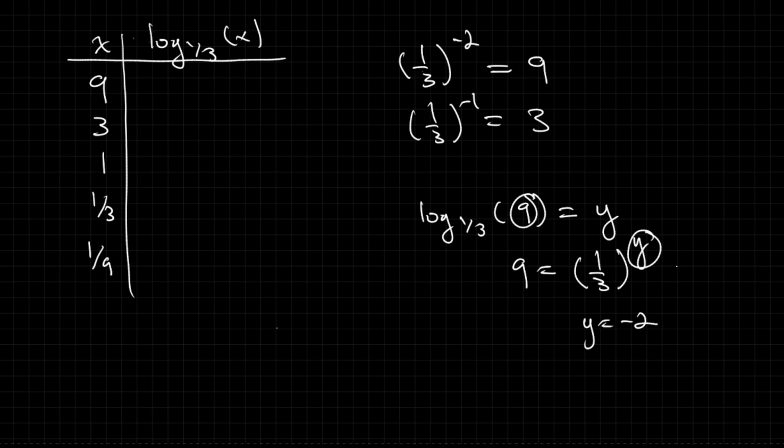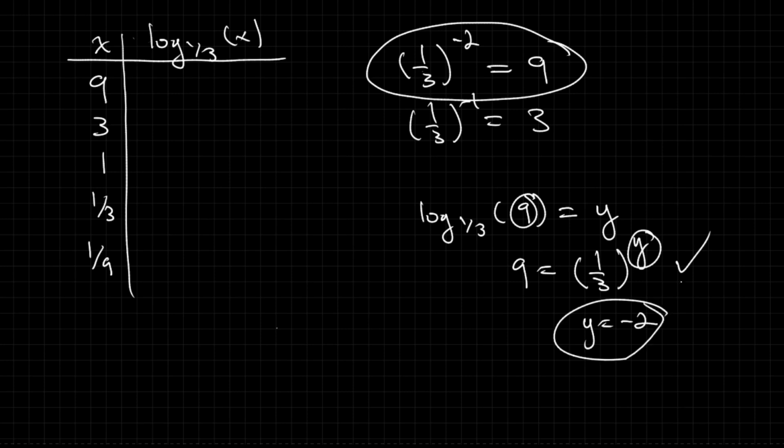This step here, you may notice that it is in some way mirrored from our choosing of the x values. But in the end, we have that the y value for 9 is going to be -2. And I'm going to fill in the rest of the y values here, and I strongly encourage you to double check them.